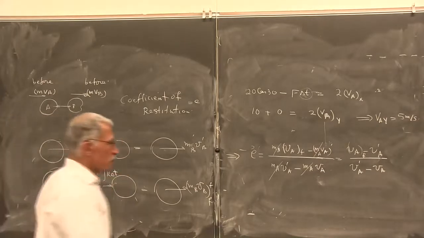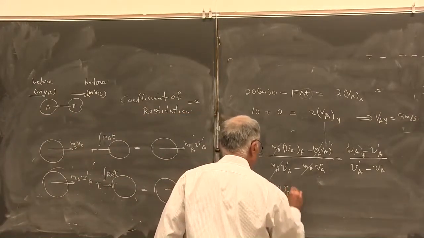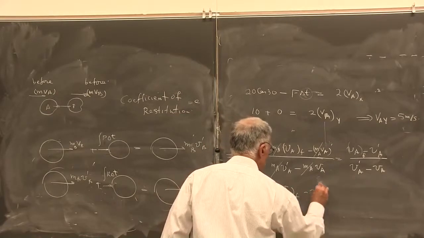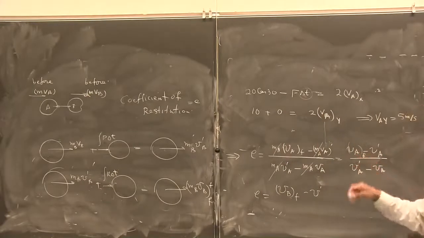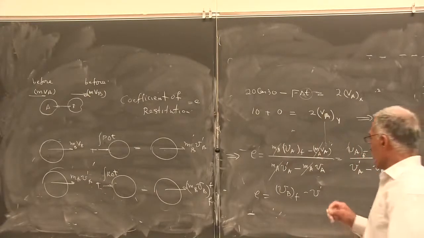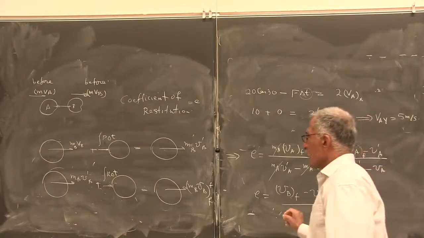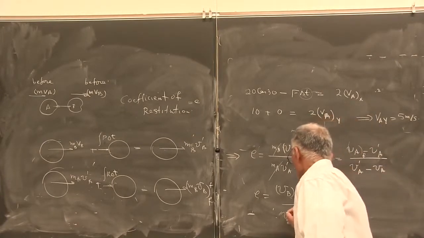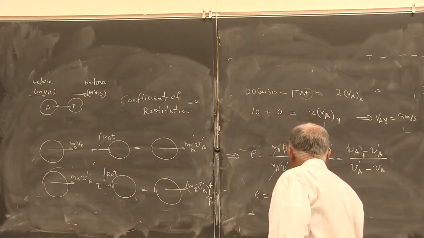And if you do that, the coefficient of restitution for this case becomes equal to VB final minus V prime B, where V prime B is the same as V prime A. It's the same thing, that is the intermediate velocity. So V prime B divided by V prime B minus VB.